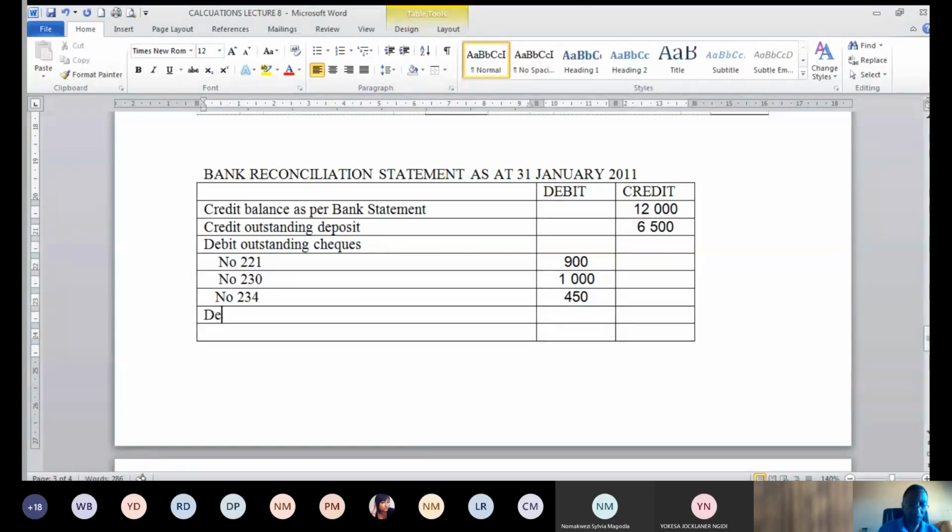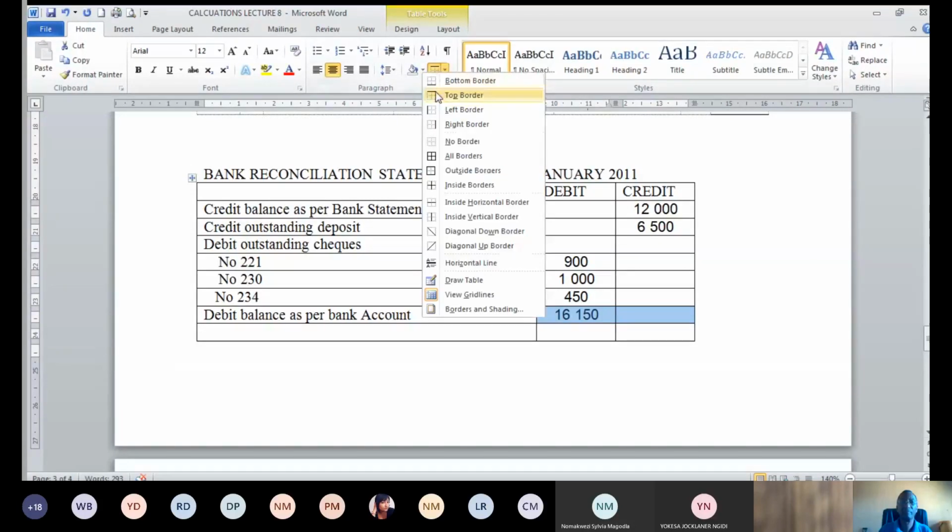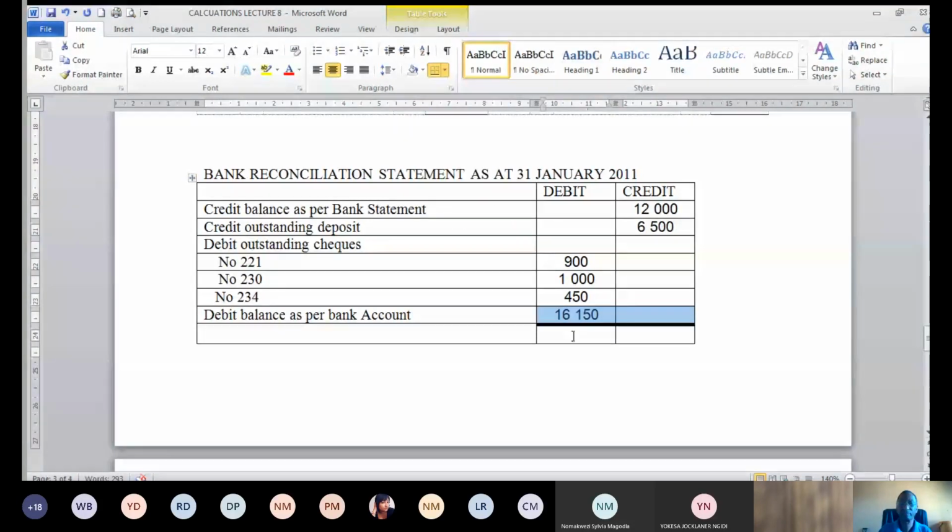You will say that there was a debit balance as per bank account. Your debit balance is 16,150. Debit balance as per bank account. And now you just add up the debit side and the credit side.